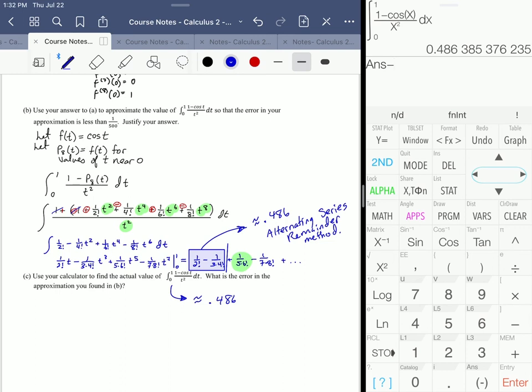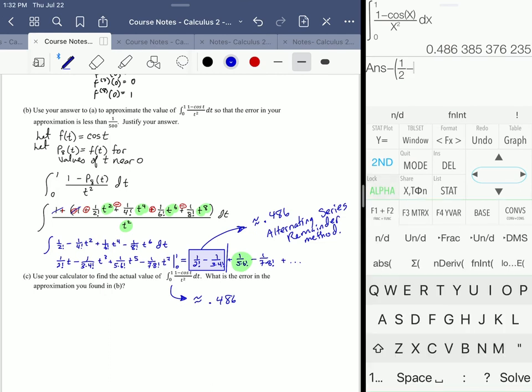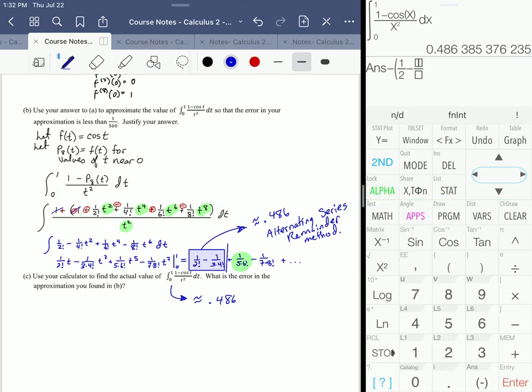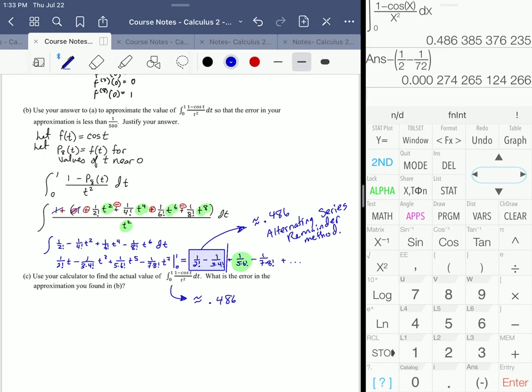So I'm going to take that answer and subtract from it what we just computed. And it's a little different how you type it in on this one than how you type it in on a TI-84. So I'm just going to do it in a more tedious way, but it is what it is, as they say. I happen to remember this from when we figured it out before, so we're good.